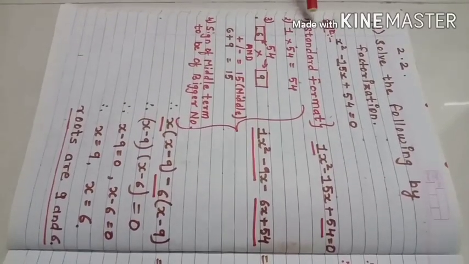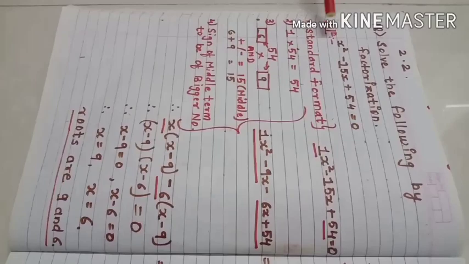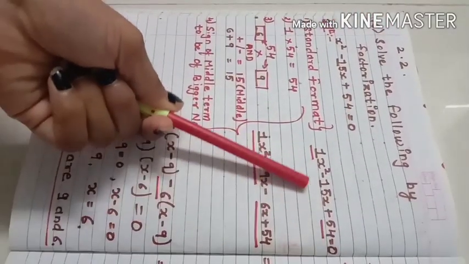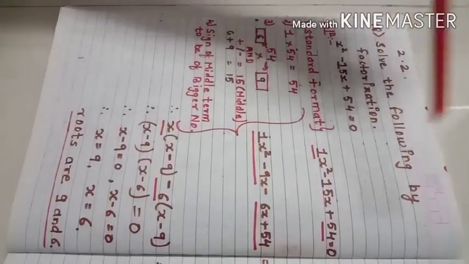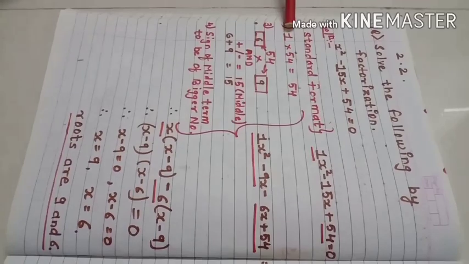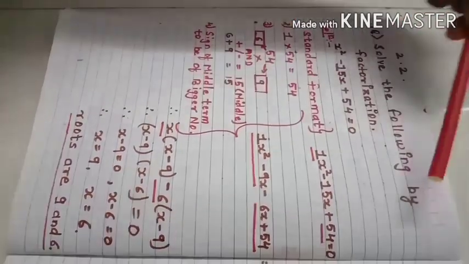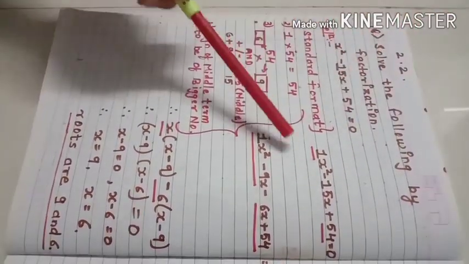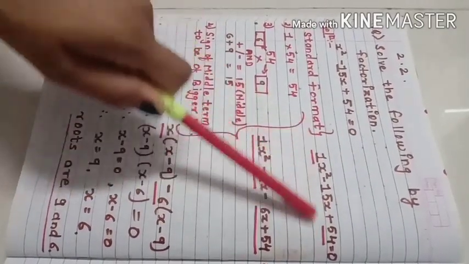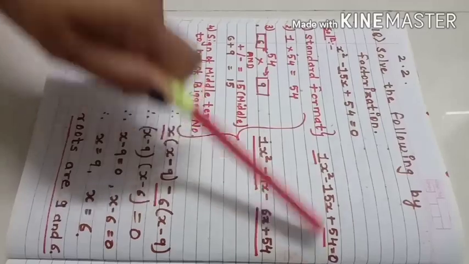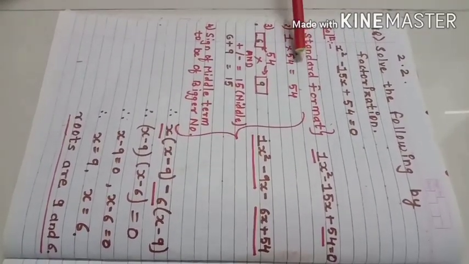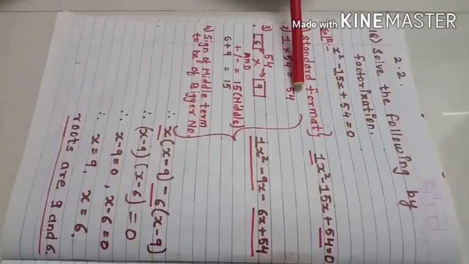Our first step says that our question should be in a standard format. I have written my question here, which was already in a standard format. The next step says that we multiply the first and the last term, that means first and 54. So I have multiplied here, 1 into 54 is equal to 54.